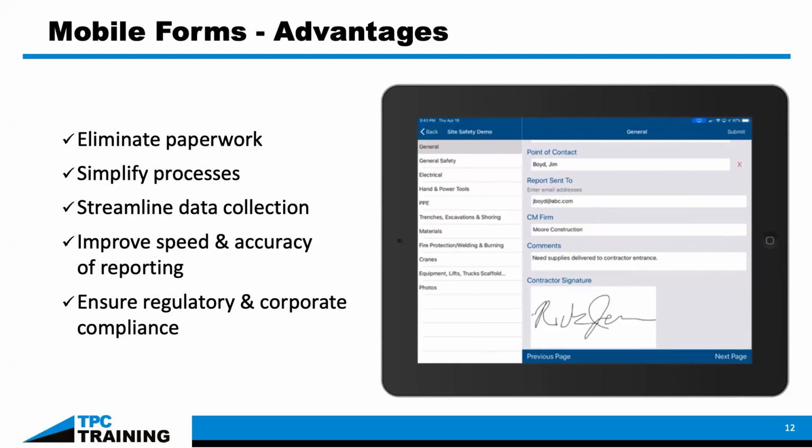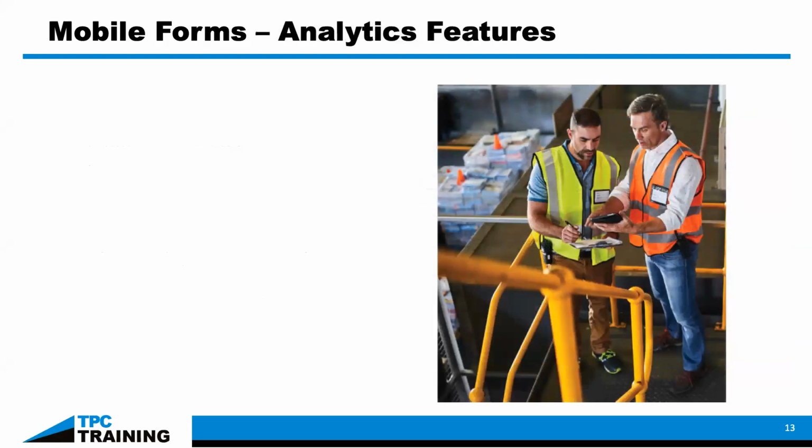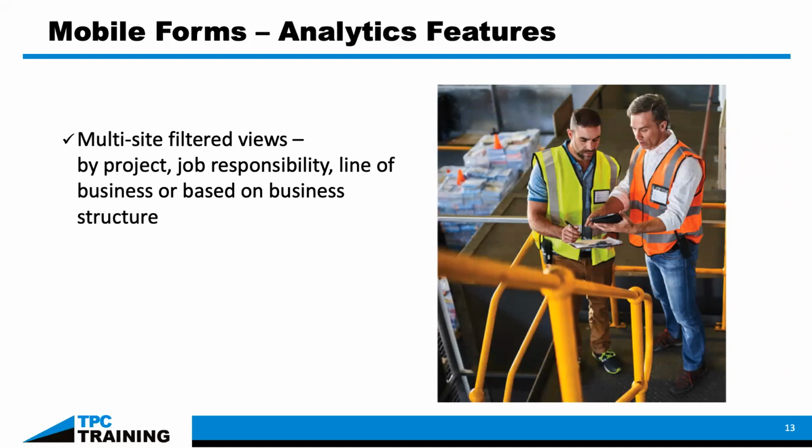We'll mention some system features next, and it begins with being able to parse the data that comes in. Mobile forms systems can provide a multi-site filtered view, and that can be arranged based on the way your organization is structured.